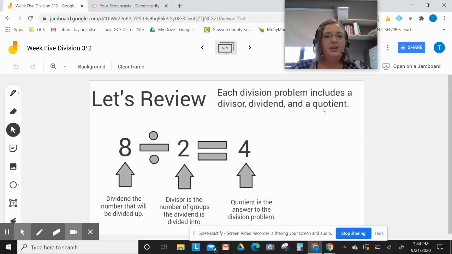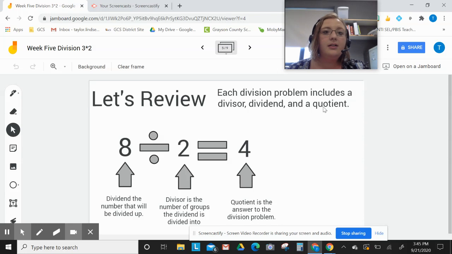So let's look at number 5. Look at slide 5. So let's review. Our dividend, which I had said earlier, our dividend is that total. It's the number that we're going to divide into parts or separate. And then our divisor is always going to be the number of groups the dividend is divided into.